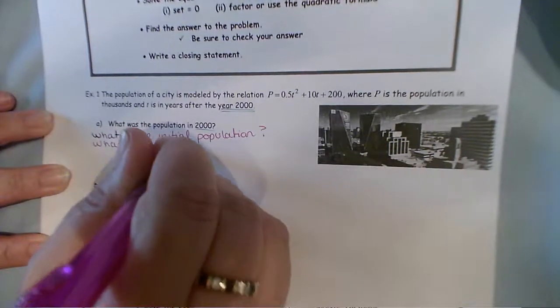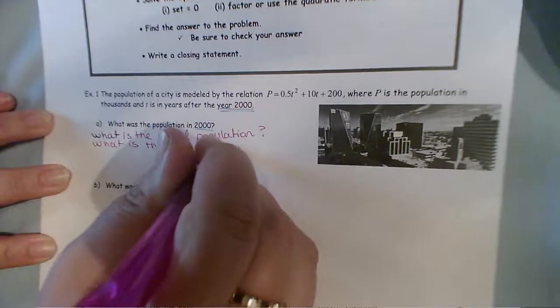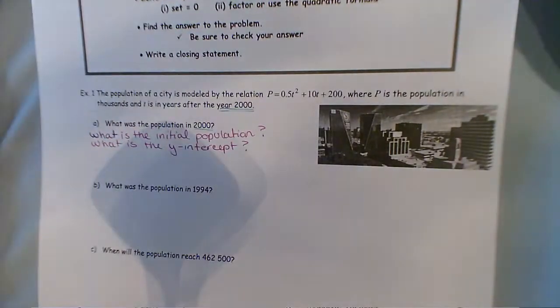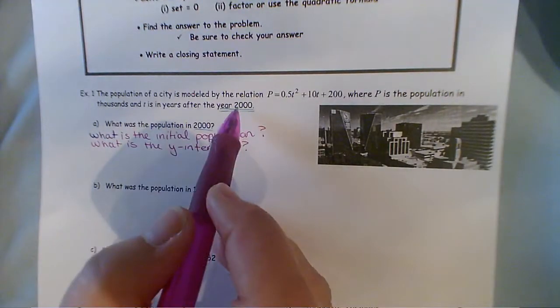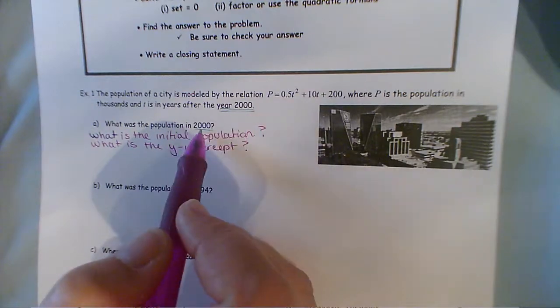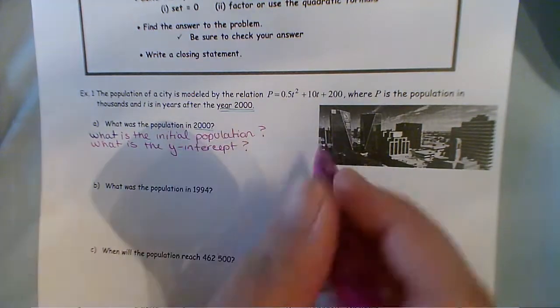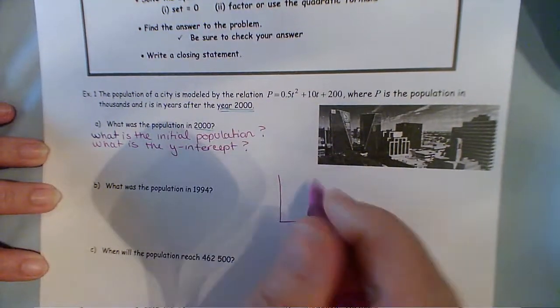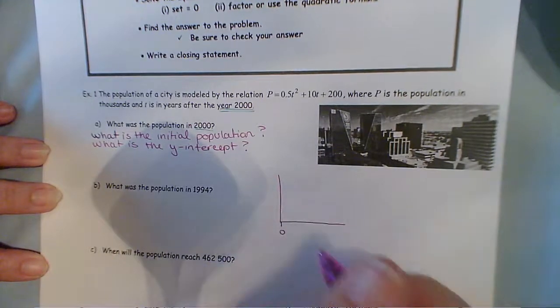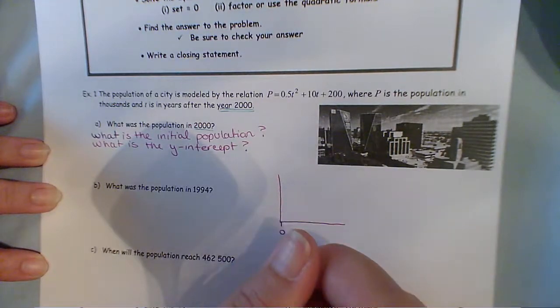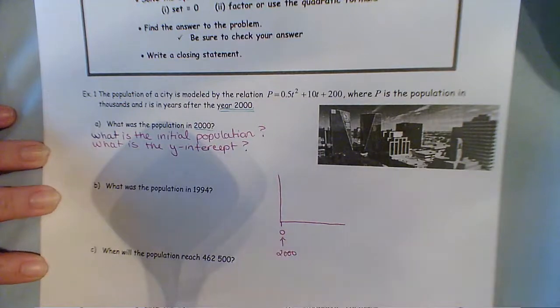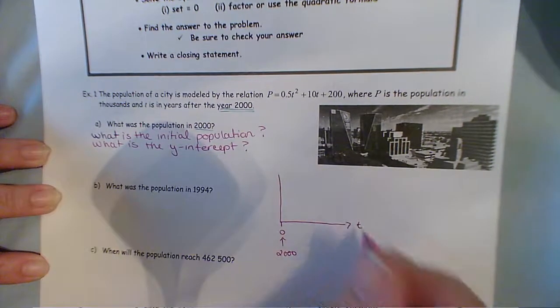So I want you to get used to understanding that there's different ways of asking you the same thing. Since the year 2000 was the start point, and it's asking us for that start point, it wants to know if 0 years have gone by, this is the year 2000 right here. Okay, so that's what that is asking us for.